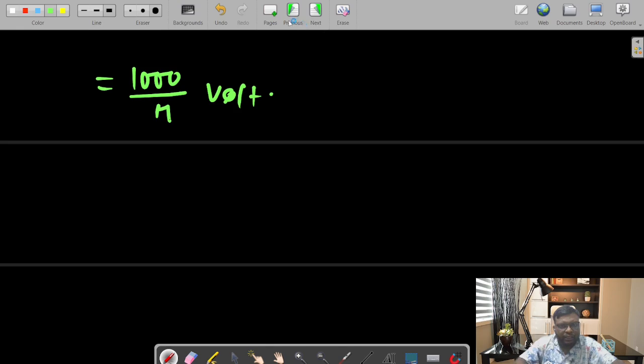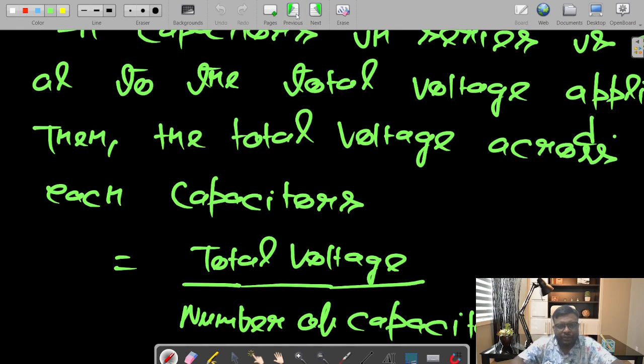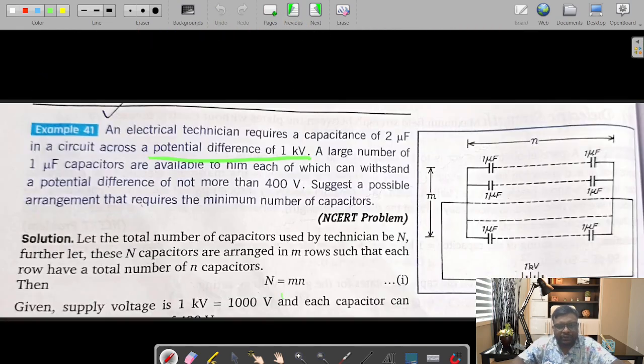and in our problem it is given that each of the capacitors can withstand a potential difference of not more than 400 volt. So here we will use this condition in our problem.